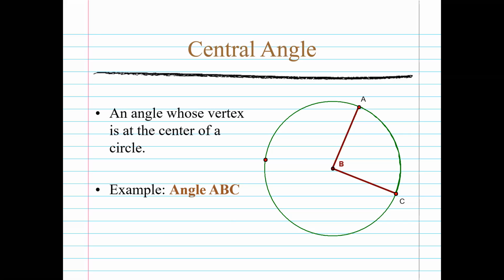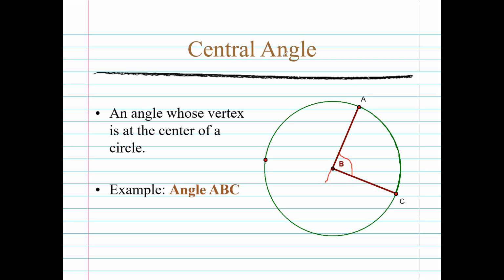Next slide, central angle. An angle whose vertex is at the center of the circle. What does this mean? The central angle in this case would be this one. If the vertex of an angle is at the center of the circle, we can call it a central angle.